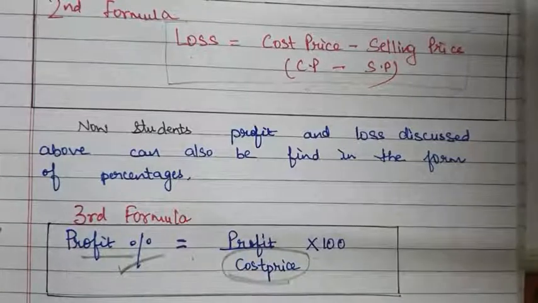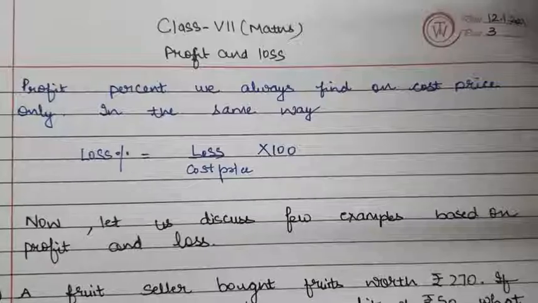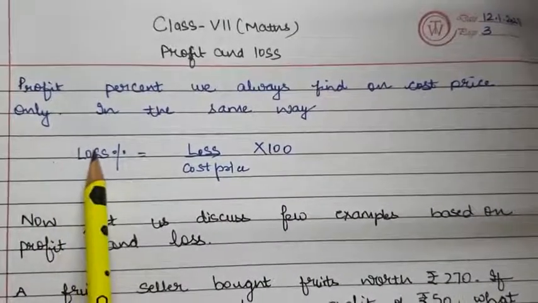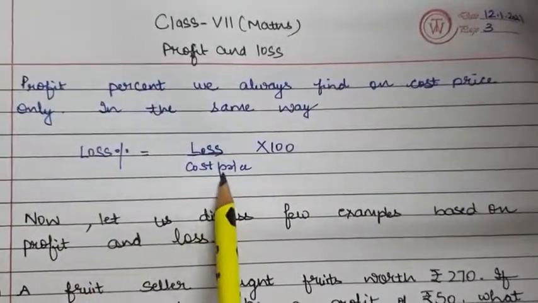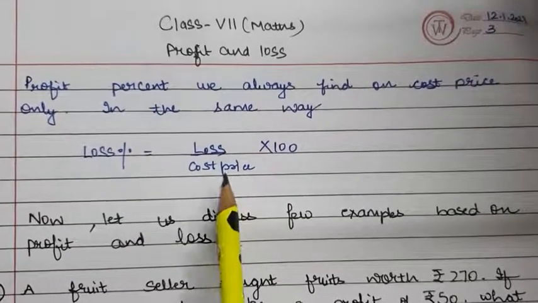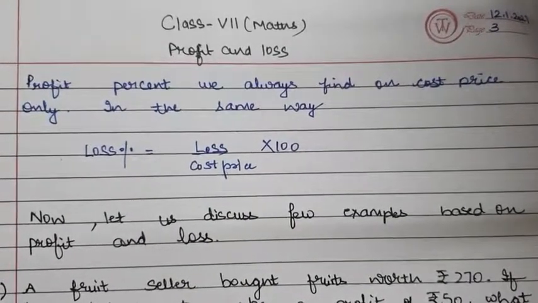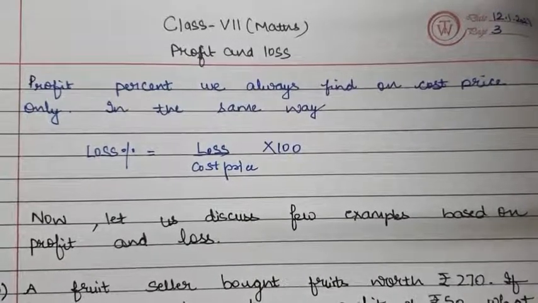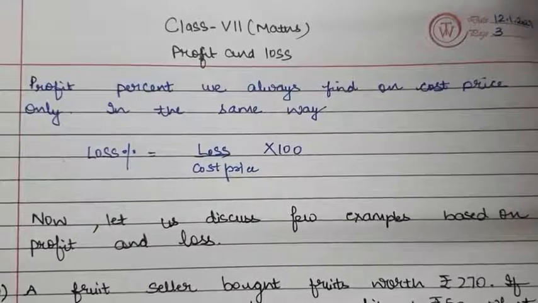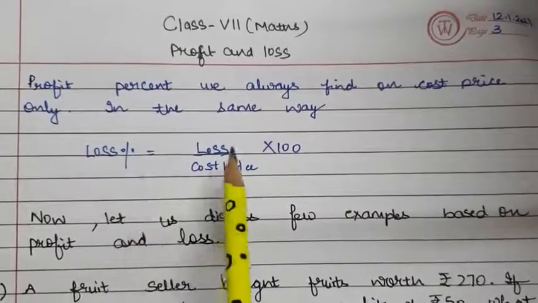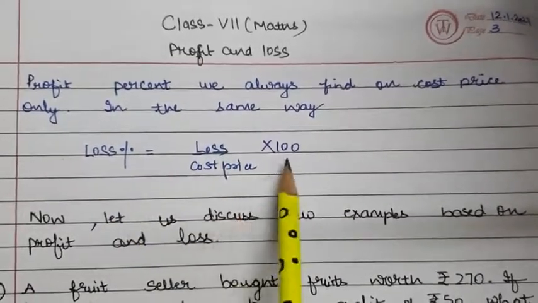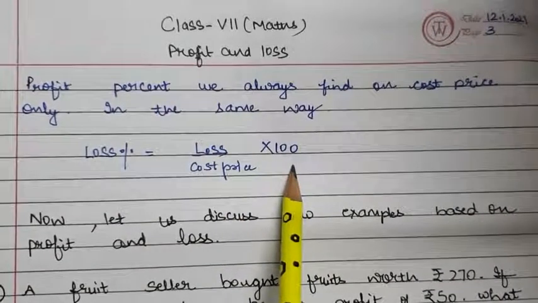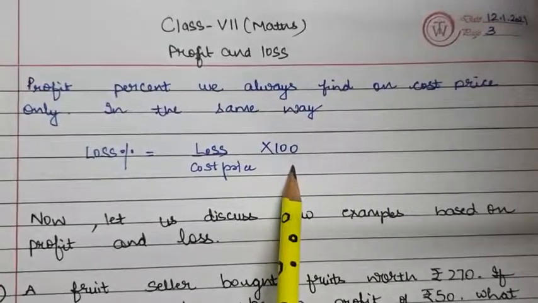Always keep this in your mind. In the same way, loss percent is also found on cost price. You can compare these two formulas: in profit percentage, profit upon cost price into 100, and in loss percentage, loss upon cost price multiplied by 100. They are very easy formulas. You can keep these things in your mind.